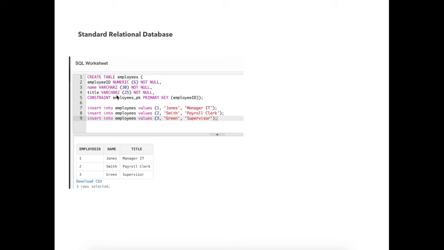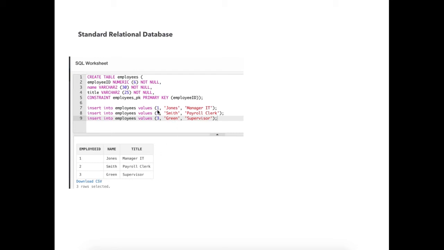Once we select the data type and the size for that data type, all of the information inserted into the table must meet the requirements, or else we will be prompted with an error. For example, insert the first row, employee 1, Jones, manager IT.